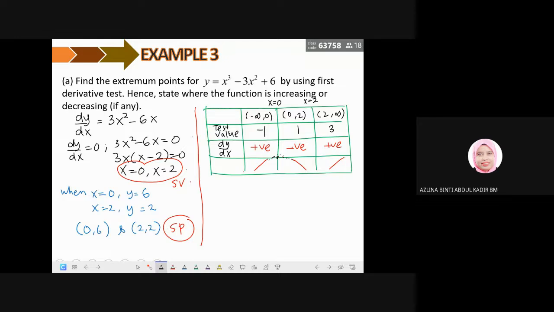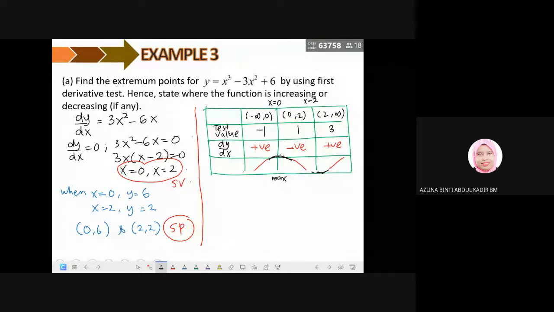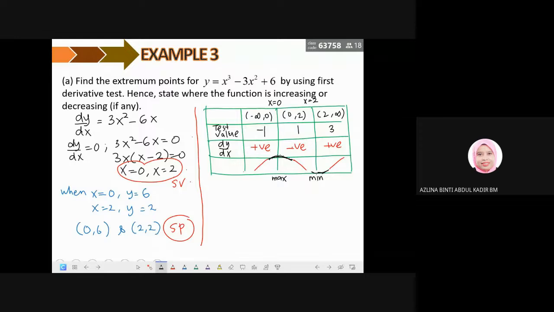Do you see it? This is a maximum if you connect it like that. So a maximum point occurs at x equals 0. From decreasing and then to increasing, it occurs here, a minimum point at x equals 2. Do you see it if you connect it?